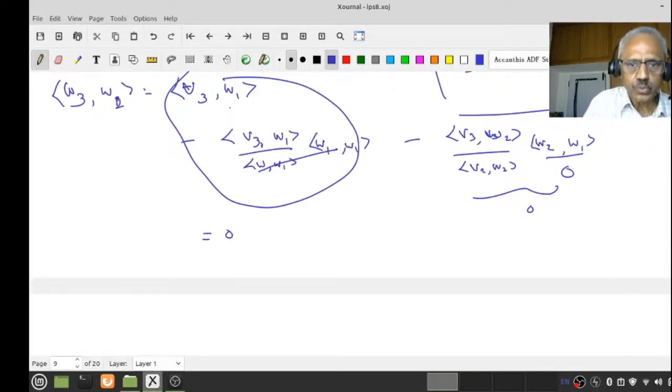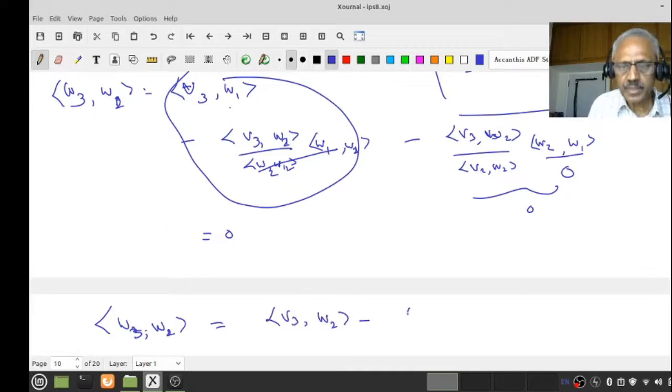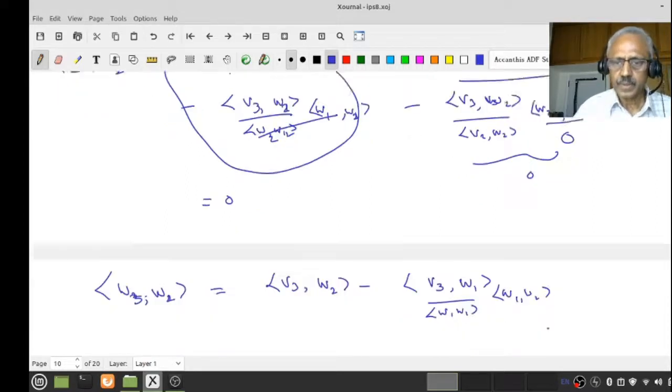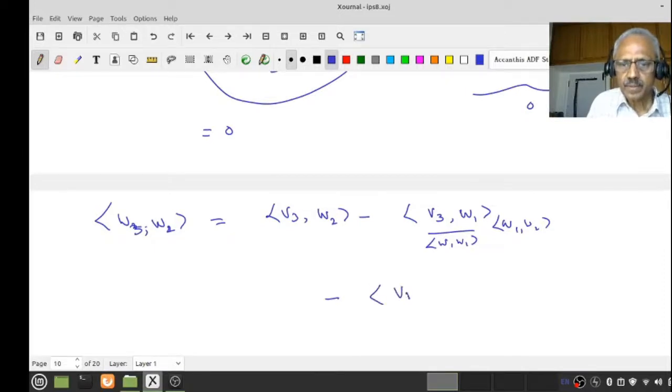Similarly, if I take W2, I'll put a 2 here, and I'll have a 2. Therefore, this will be 0. Are you following? <W3, W2> will be <V3, W2> minus <V3, W1> by <W1, W1> <W1, W2>, minus <V3, W2> by <W2, W2> <W2, W2>.